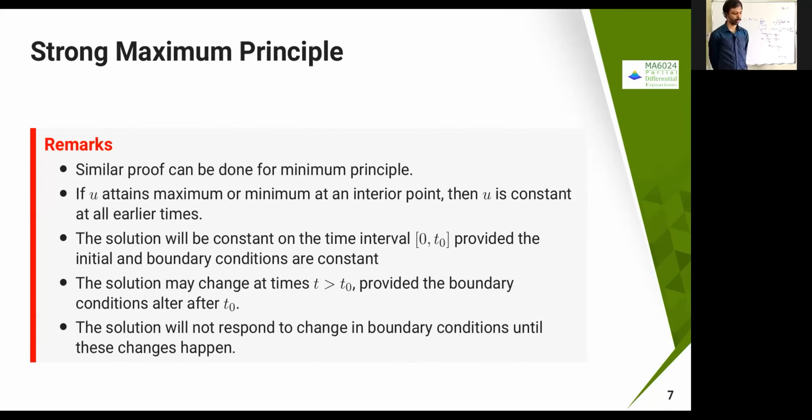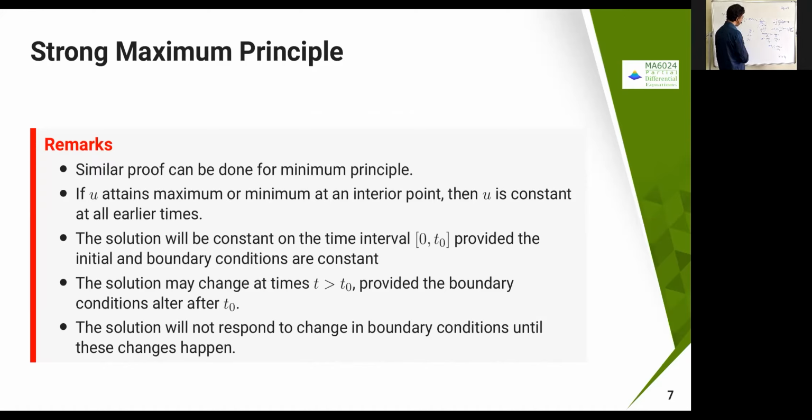If the maximum is attained at an interior point, then u is constant at earlier times. For example, let's say capital T is equal to 1. Then omega 1 is nothing but the domain at time 1.